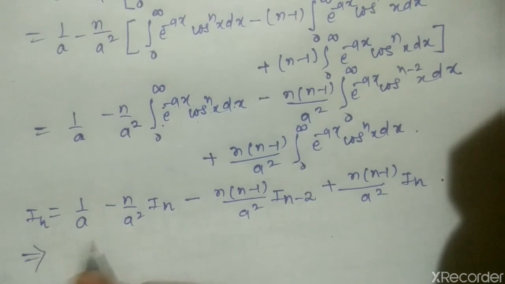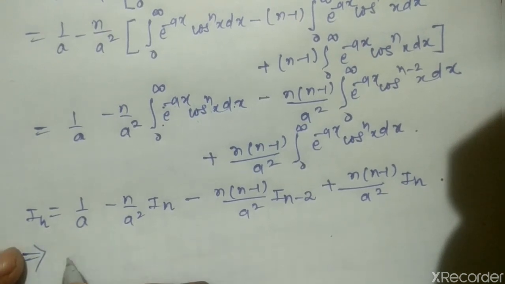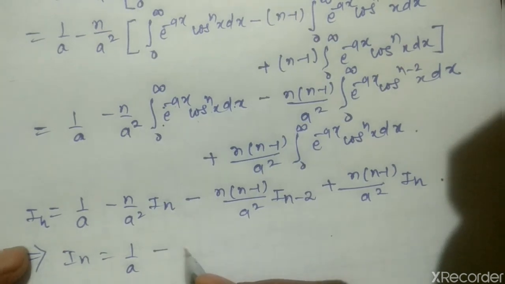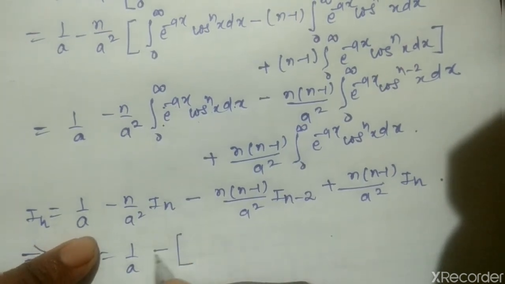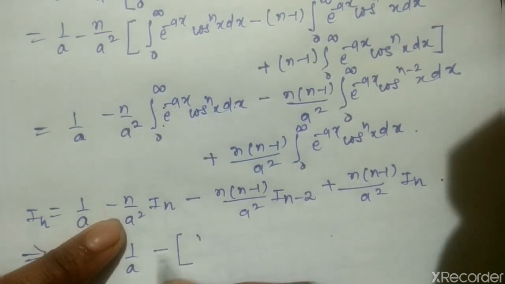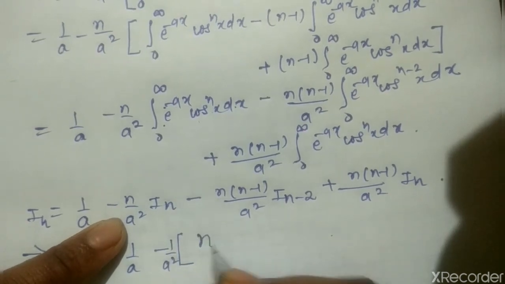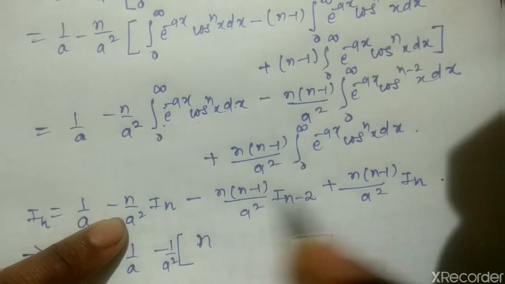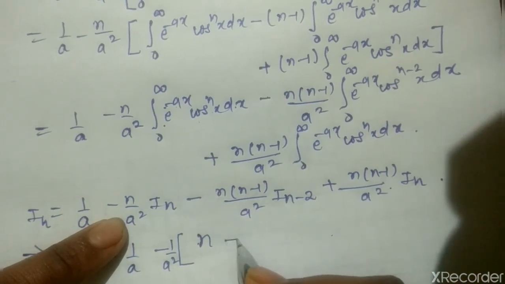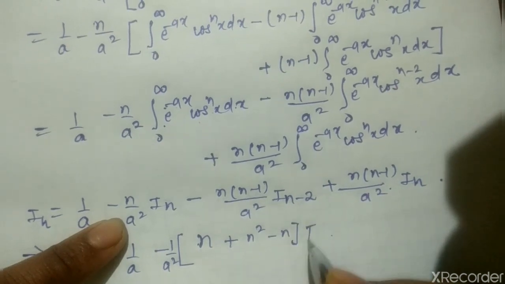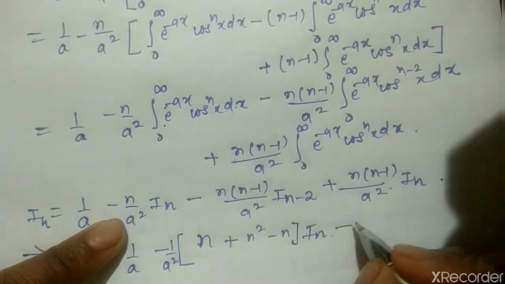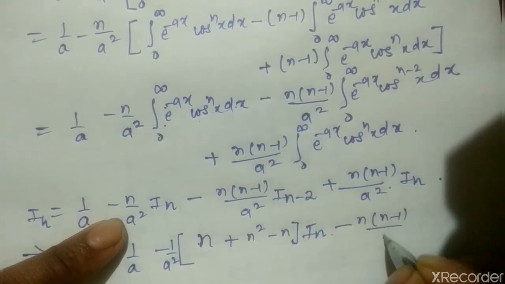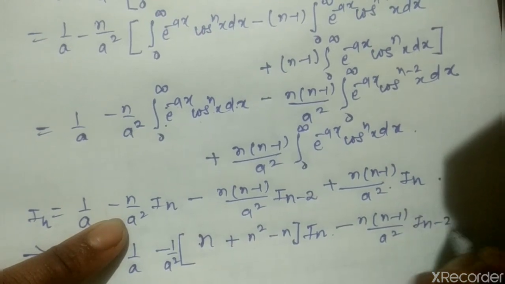So this gives the value as In equals to 1 by a minus, if we are taking the minus sign here, so what we get here is 1 by a square is common, so n, then we have In here, so this is plus n square and then minus n In minus n into n minus 1 divided by a square I n minus 2.